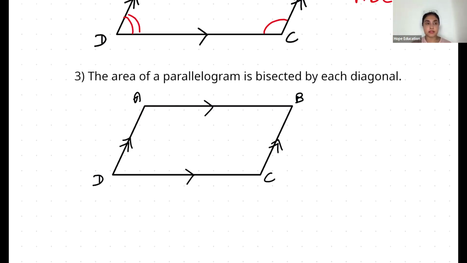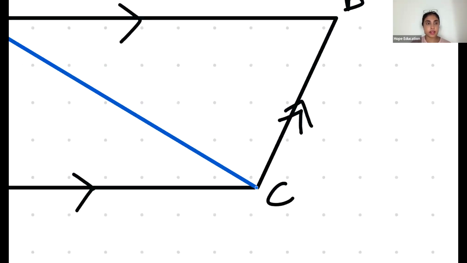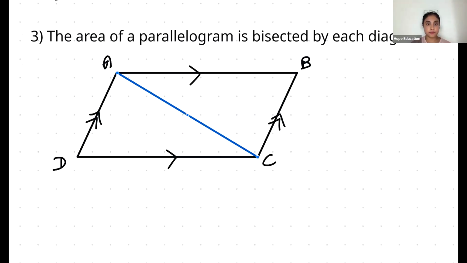For example, if I draw a line joining A and C, this is a diagonal, right? So this we call a diagonal.